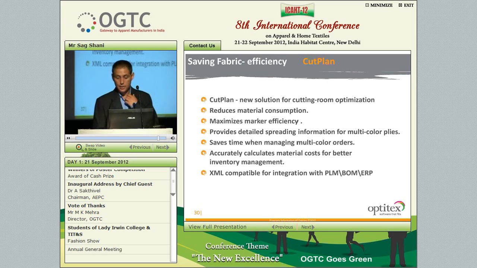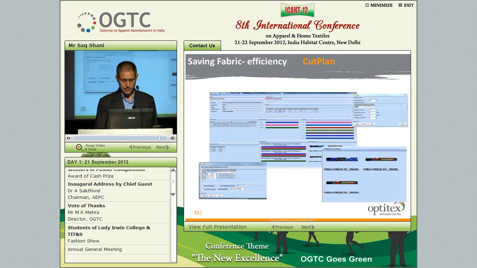It provides detailed spreading information for multiple color plies, so you can combine orders of different colors from different buyers, even with different sizes, and the system will optimize it for you and eventually bring you to the best configuration for producing all those orders together.